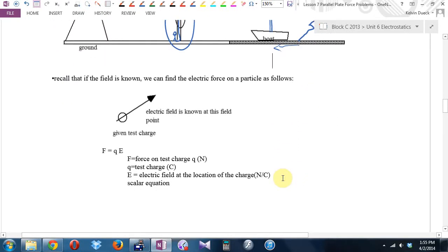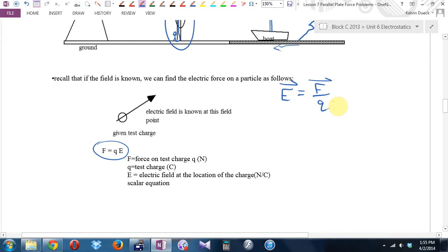So recall, if we know the electric field, we can find the force as follows: F equals QE. That's because the definition of electric field was the amount of force acting on the charge at that location. So if you want to find the force on the charge at that location, get the F by itself.